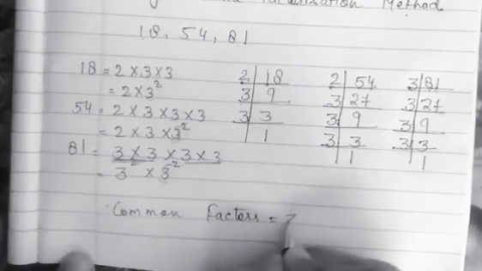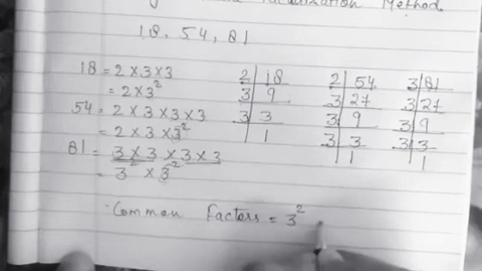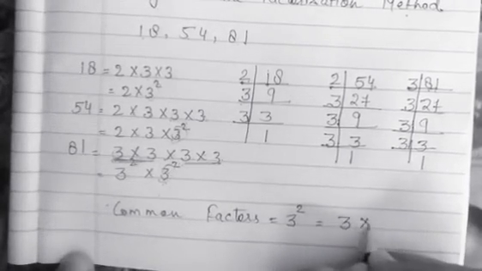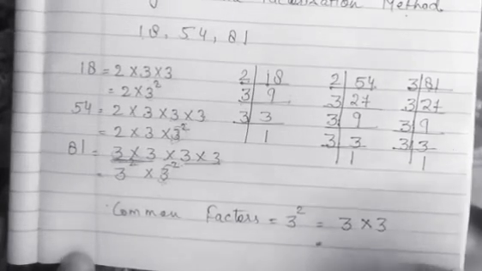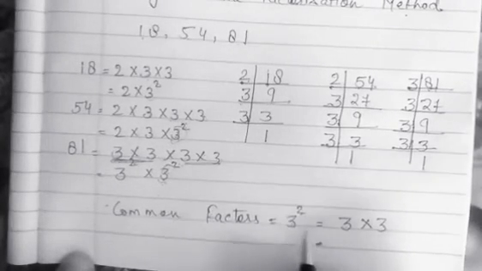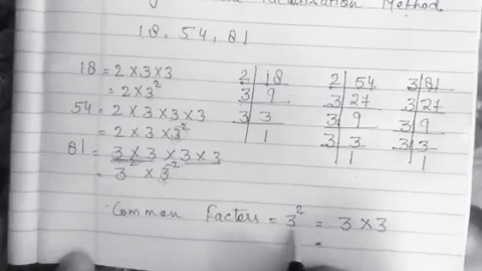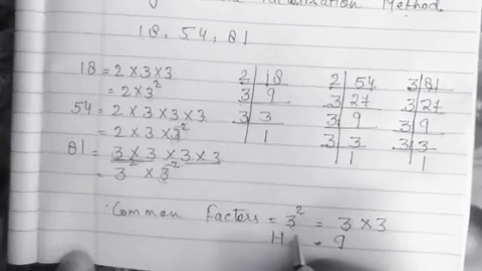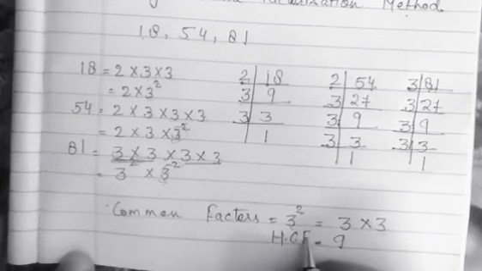So write here 3 raised to the power 2. The power 2 means you have to multiply 3 two times. 3 threes are 9. So the HCF is 9.